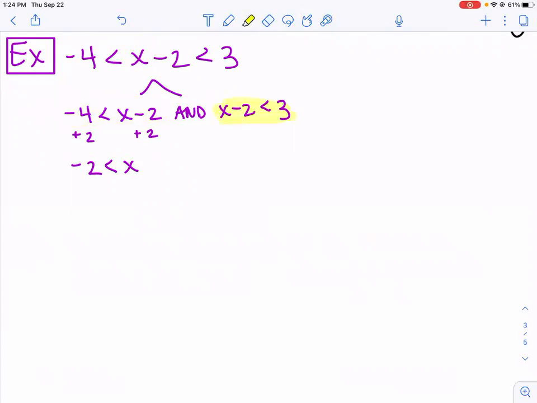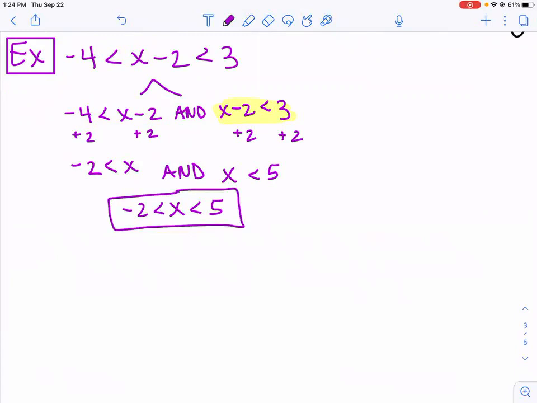Over here, if we want to solve this inequality, what do we need to do to both sides? Add 2. So x is greater than -2 and x is less than 5. We can go ahead and now squish those back together for inequality.